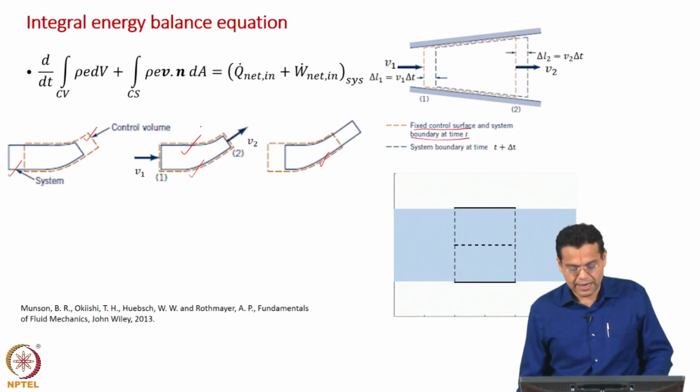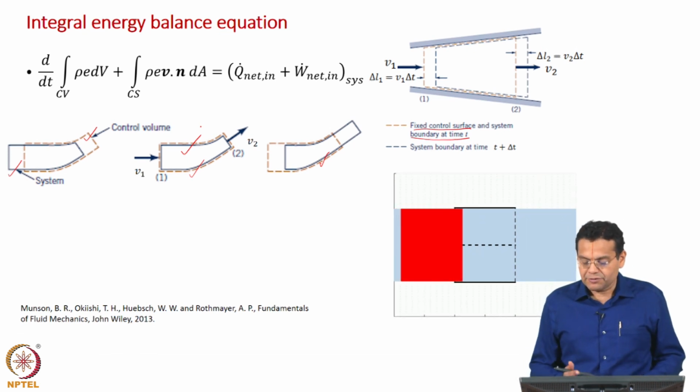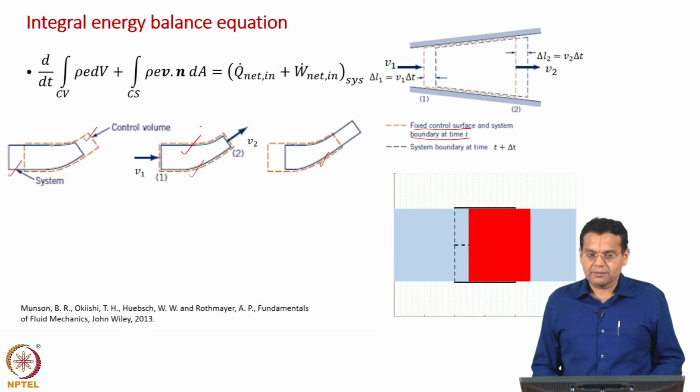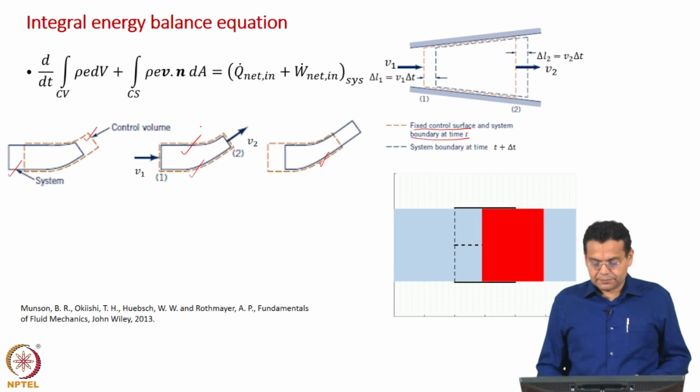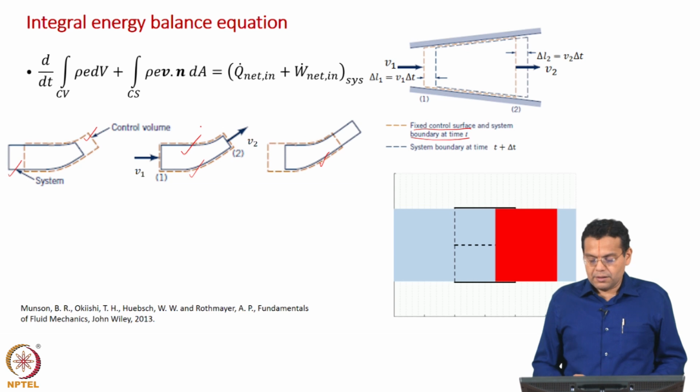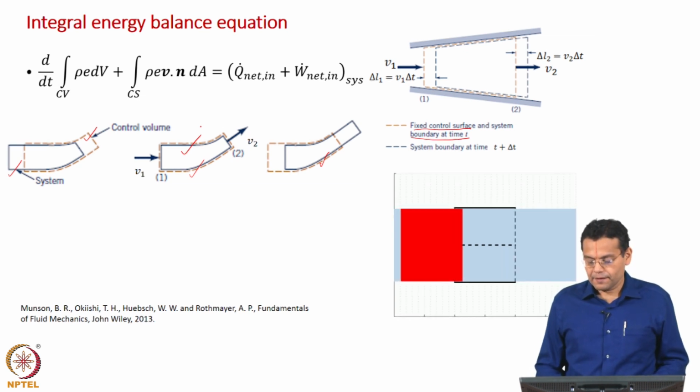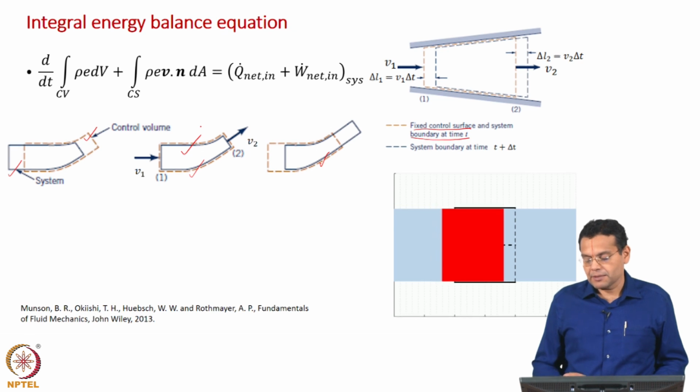And in terms of our animation, these are different possibilities for the system. We consider the possibility where the system just coincides with control volume, and that is the instant we consider. We consider the case where at time t the system and control volume coincide with each other.